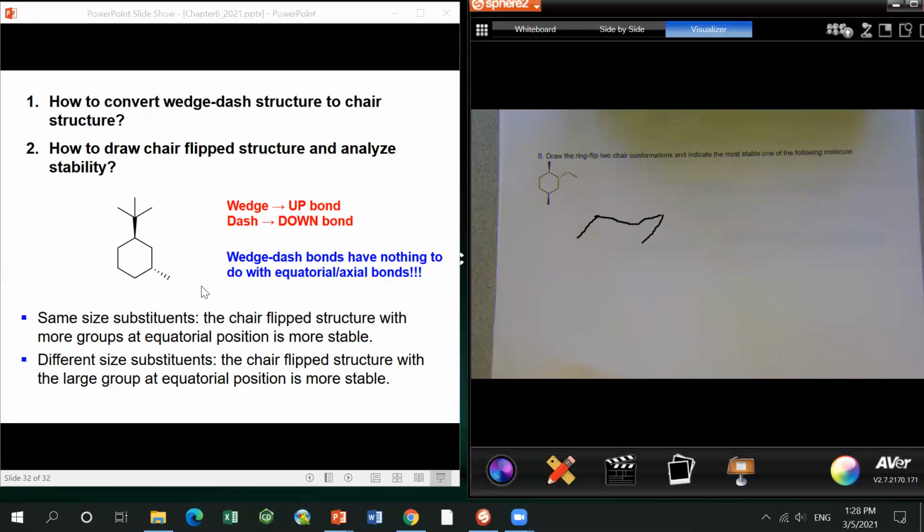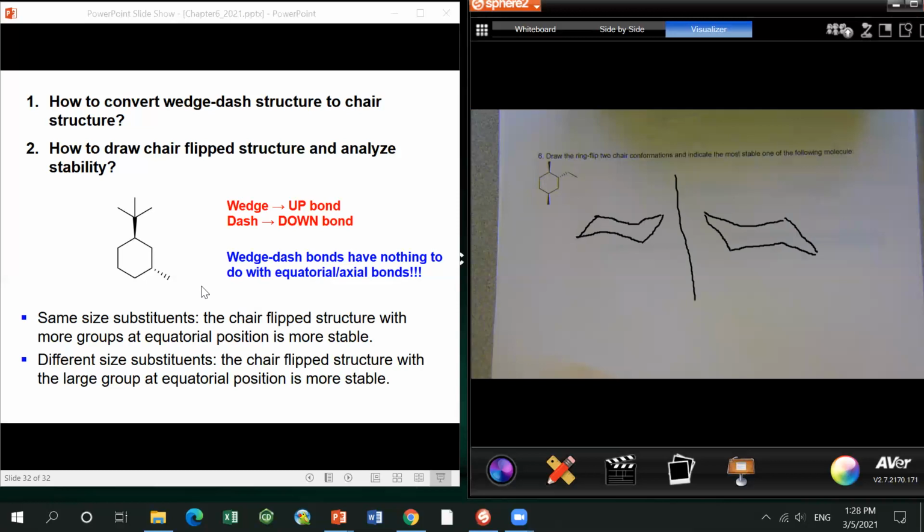Draw the two chair conformations as mirror images of each other. That looks like a very nice one. And then second step, you add the substituent groups. Okay, that's good. That's the two chair conformation in mirror image, pretty good.